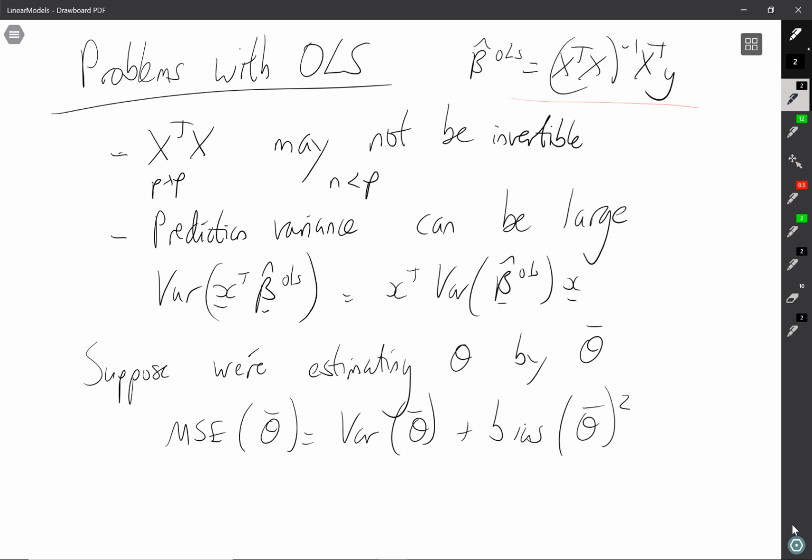Now what the Gauss-Markov theorem says is that if the bias is 0, then the ordinary least squares estimator minimizes the variance. But what we're going to do now is look at some methods that are biased, where the bias is non-zero, but where we get bigger shrinkages in the variance as a result, and so we can still reduce the mean squared error of our predictions. Okay, so we're going to look at this in more detail in each section.